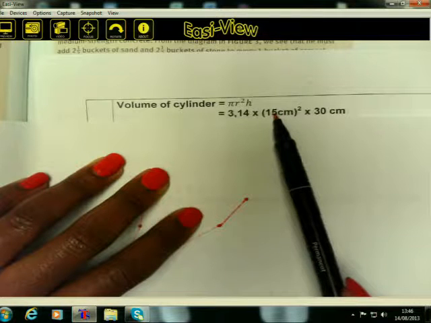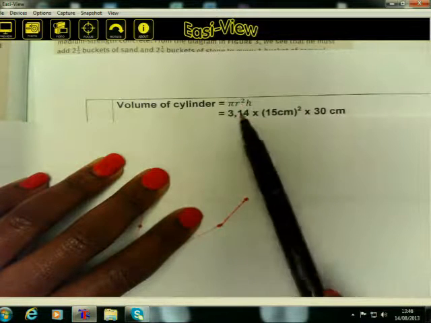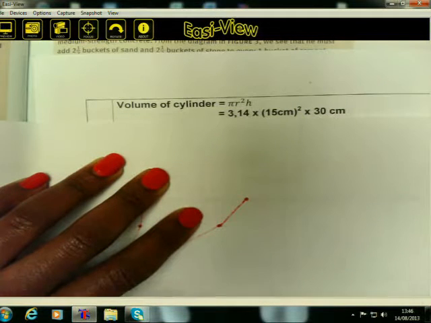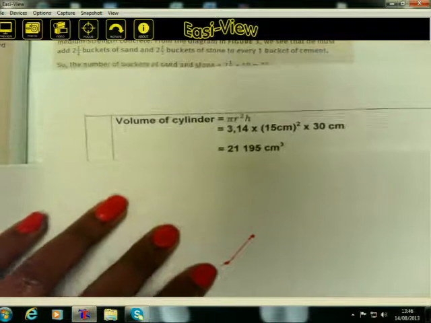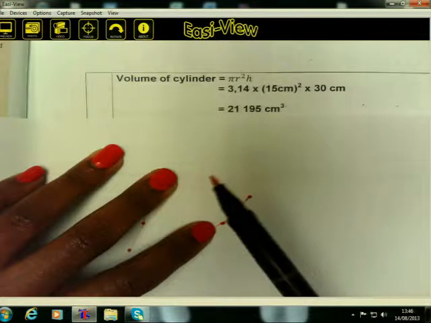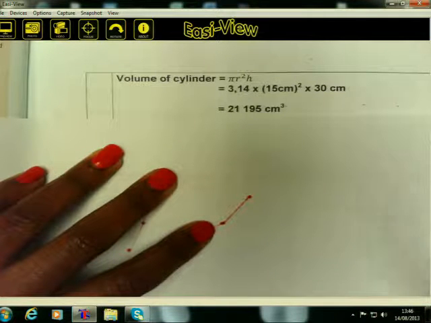So it's 15 centimeters squared, because the radius is supposed to be squared according to the formula. And now multiply by the height, which was given as 30 centimeters. And now we have our answer as 21,195 cubic centimeters.